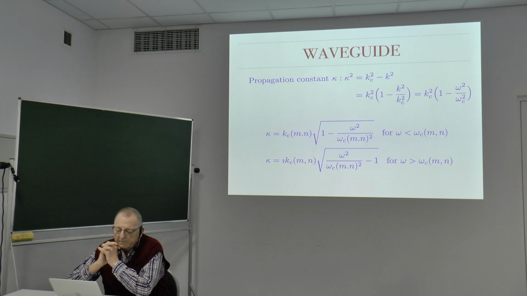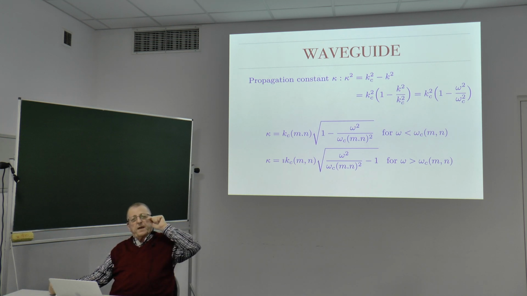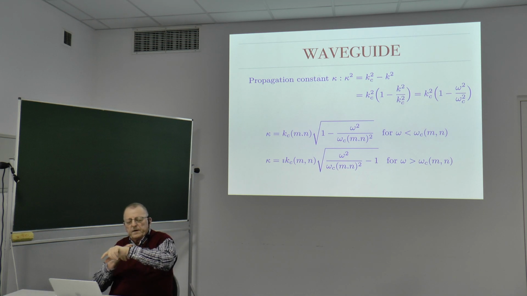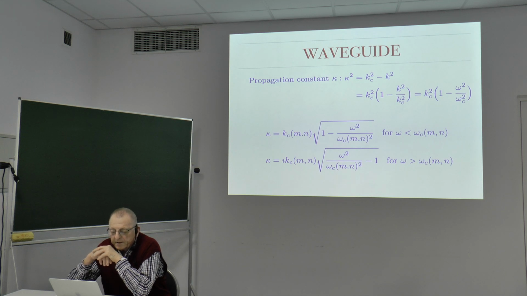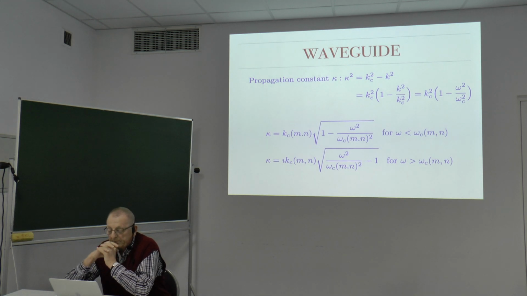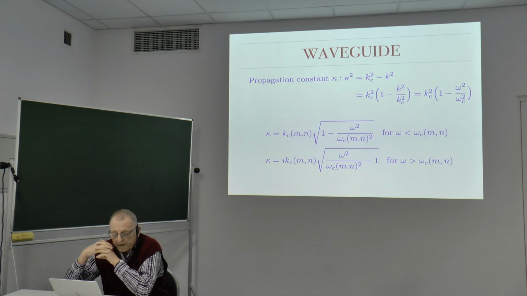I can calculate my propagation factor kappa. Remember, kappa was the thing which tells me how the wave propagates along the z direction. So kappa square is kc square minus k square. I can turn the algebra and find that this coefficient is kc square times a product of this ratio.